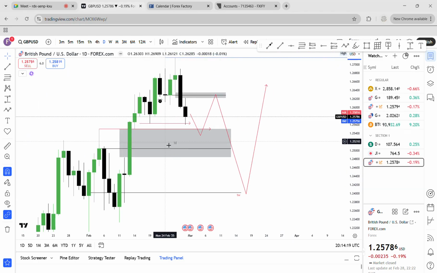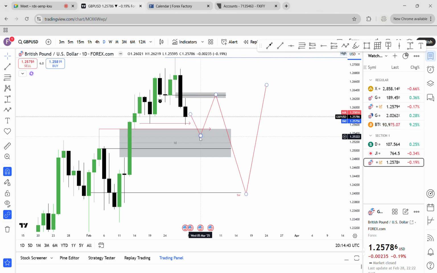All you need, like I keep saying, is to identify this area. We might do this first. We seek this previous day low into where? A higher time frame point of interest, or we might seek the high first into where? Into a higher time frame point of interest before continuing going down. Whichever one price does, you will benefit from it. It doesn't matter what it's going to do.